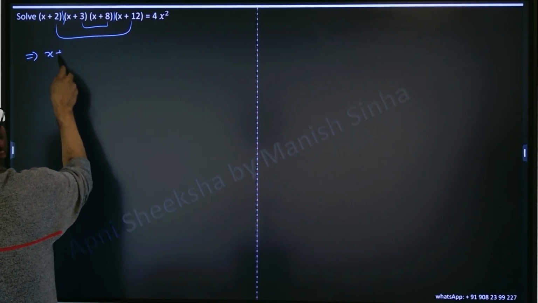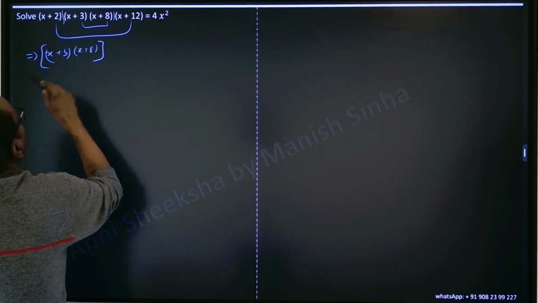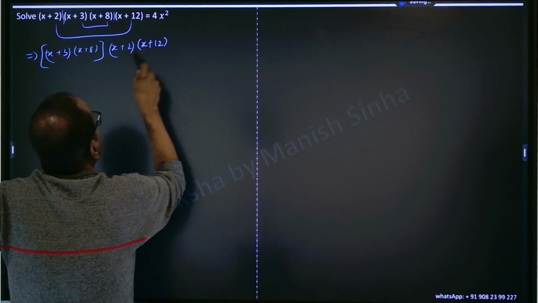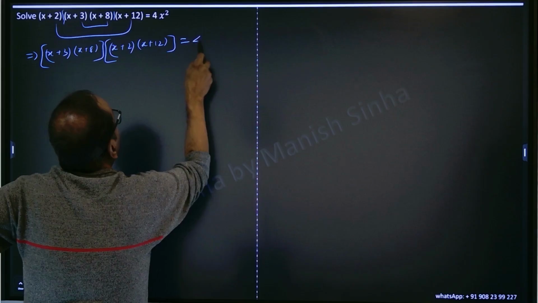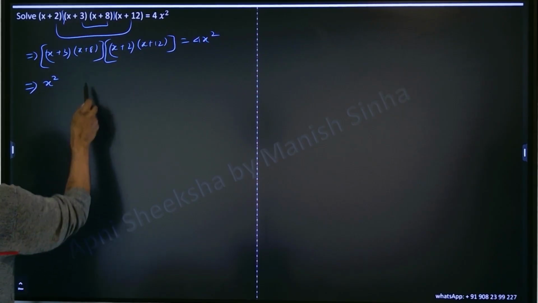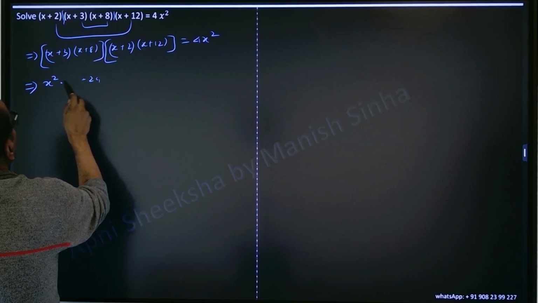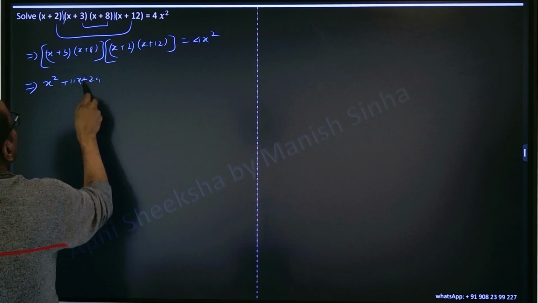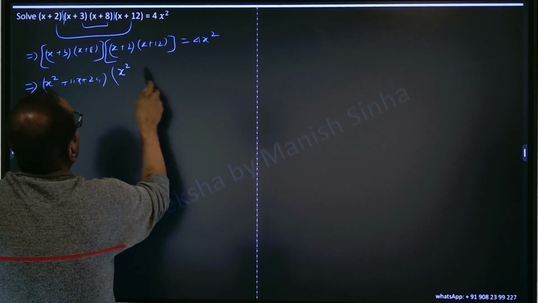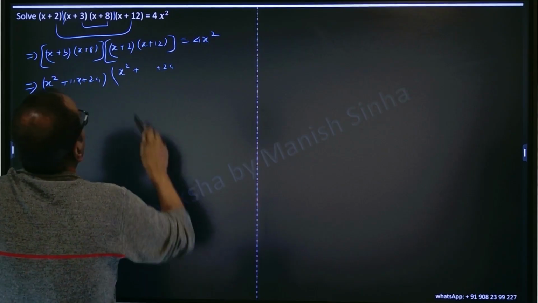So x plus 3, x plus 8 as one unit and x plus 2, x plus 12 as another unit. Three x, 8x, 11x. Two x, 12x, 14x.